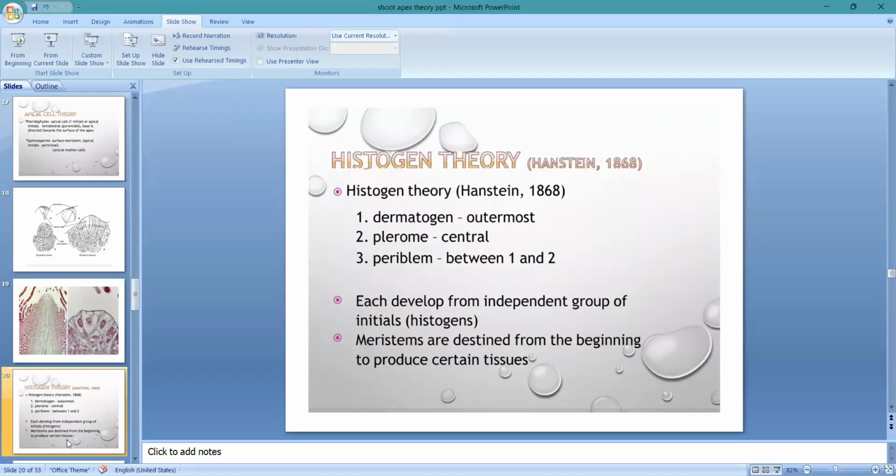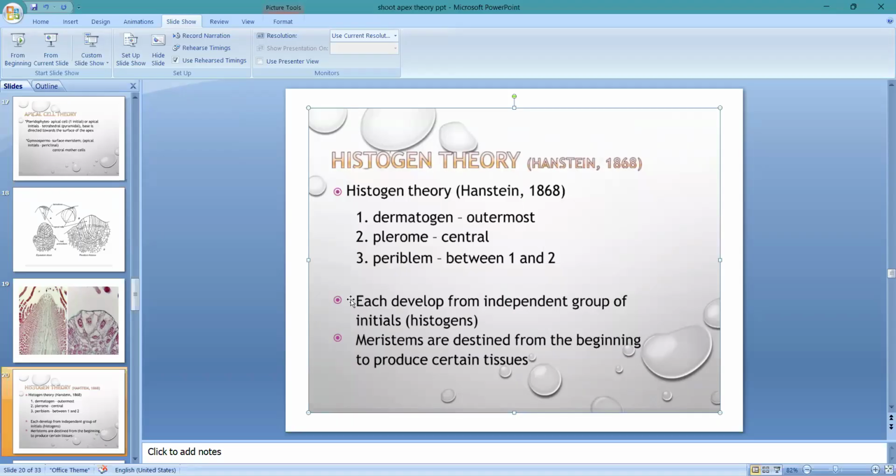He distinguished three distinct meristematic zones in the shoot apex: the dermatogen, plerome, and periblem. Each zone consisting of a group of initials was called a histogen, or tissue builder. That's why this is called the histogen theory.